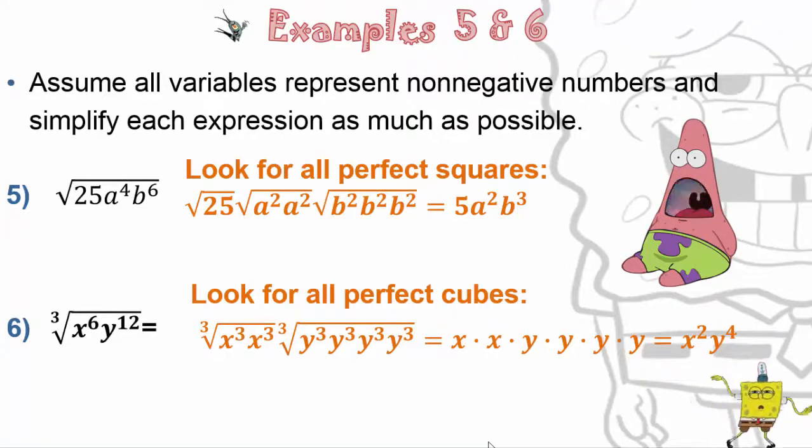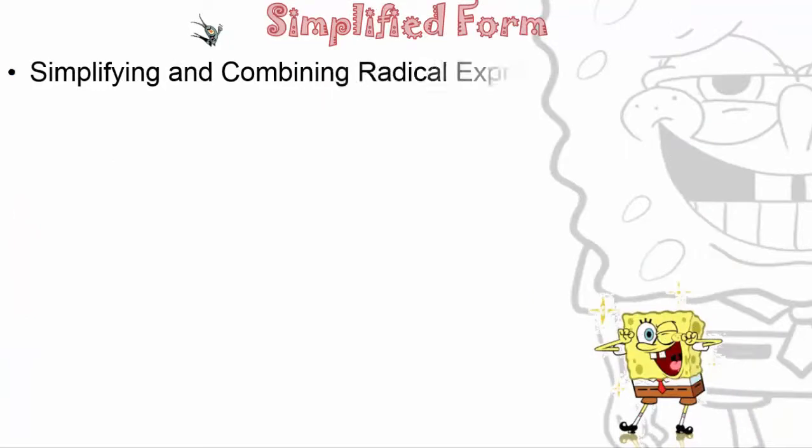We have y cubed, y cubed, y cubed, and y cubed. So 3 plus 3 plus 3 plus 3 will give us 12. And then we take out each cube and we end up with x times y times y times y times y, and we end up with x squared y to the 4th.